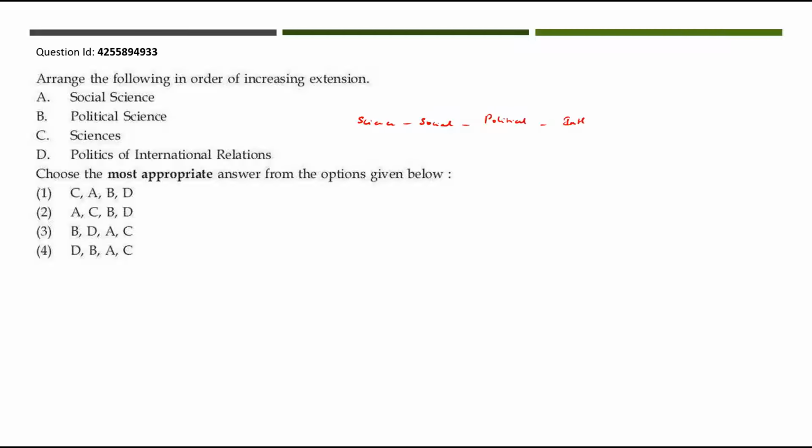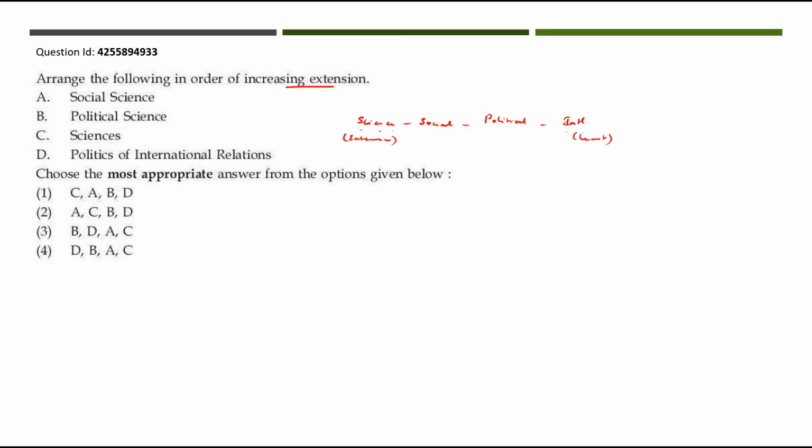So this will be the order, but here they are asking us to arrange it in increasing extension. Increasing extension means you have to start from the small group and then keep expanding it. If you take science, it's a broad group, but international relations is the small group. This is having the widest extension and this is having the least extension.